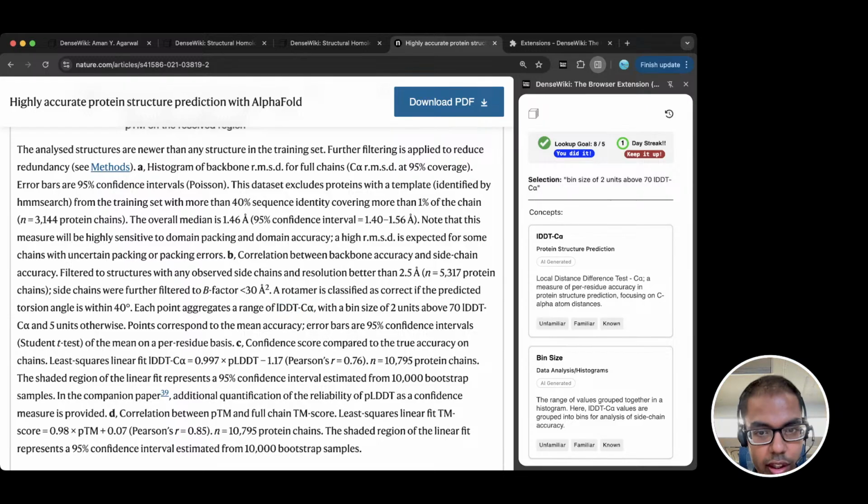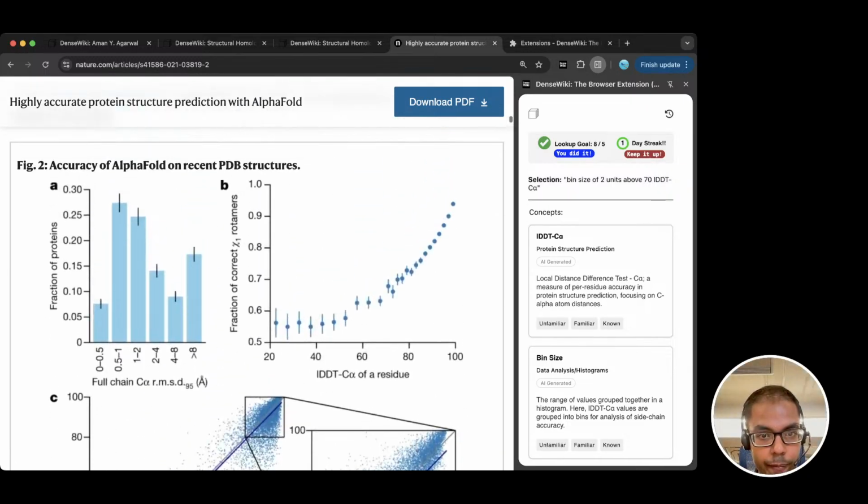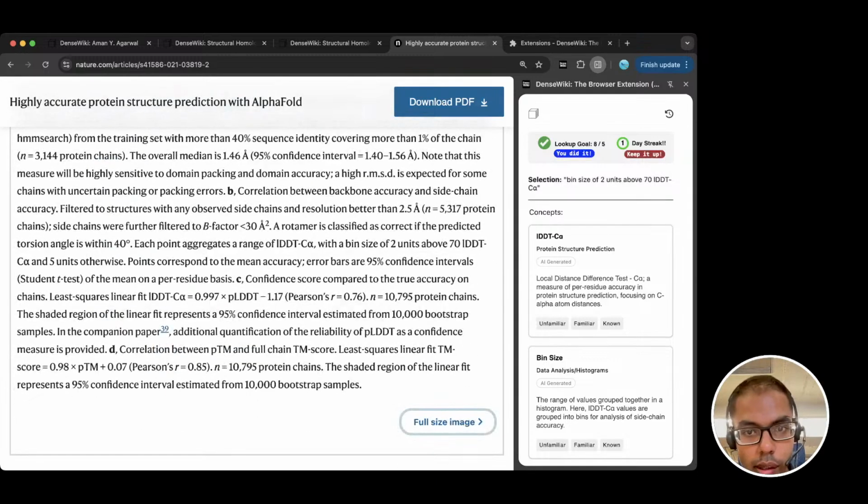When the accuracy is above 70%, over here they use a bin size of 2 units, and otherwise they use 5 units. What's the unit? Bin size of 2 units above.